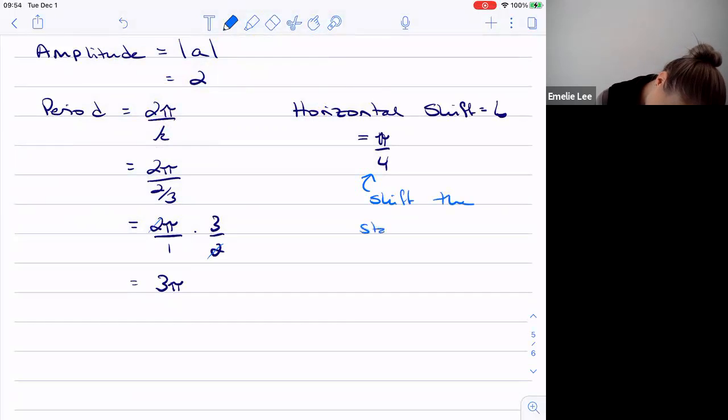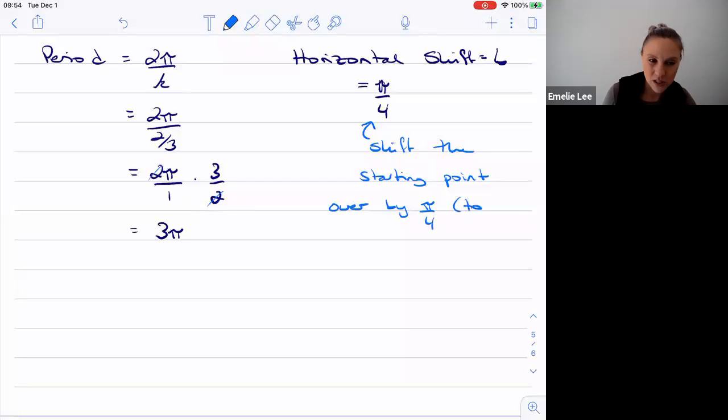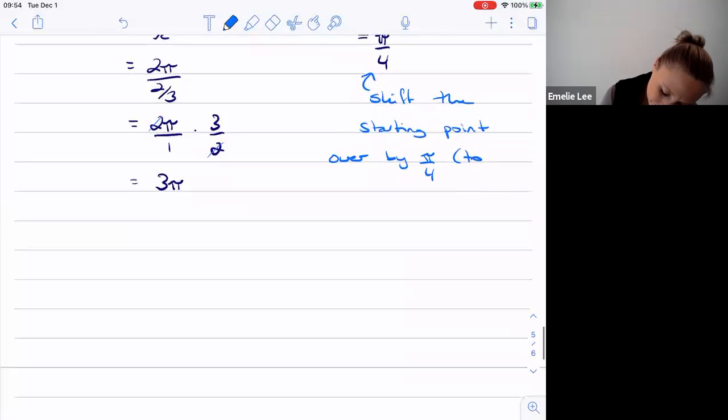Shift the starting point over by pi over 4. And then I'll say to the right, right? Because it's positive, so you're going to shift in the positive direction. It's one of those confusing things, right? If you've got x minus pi over 4, at least I want to shift it to the left, but it actually shifts it to the right. To the right.